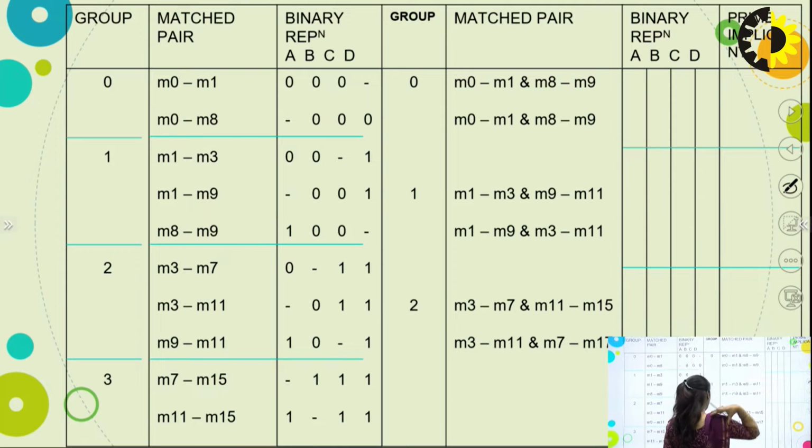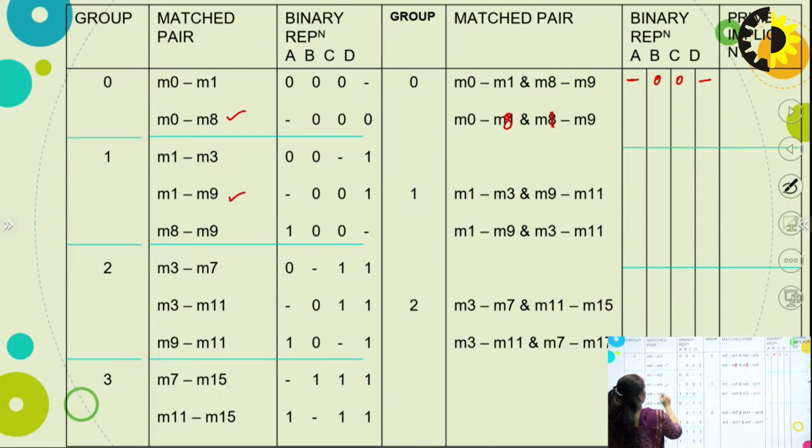When we compare this, we are going to have A and D removed. Now I am going to compare M0 and M8 with M1 and M9.